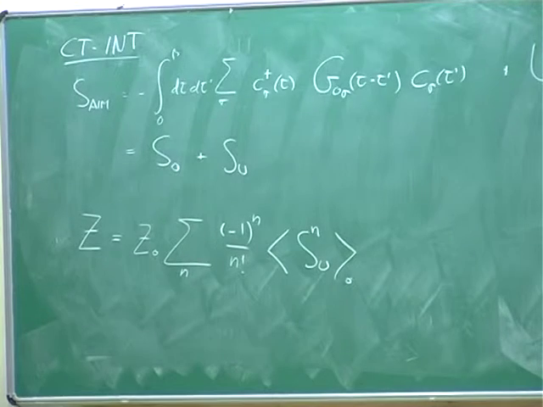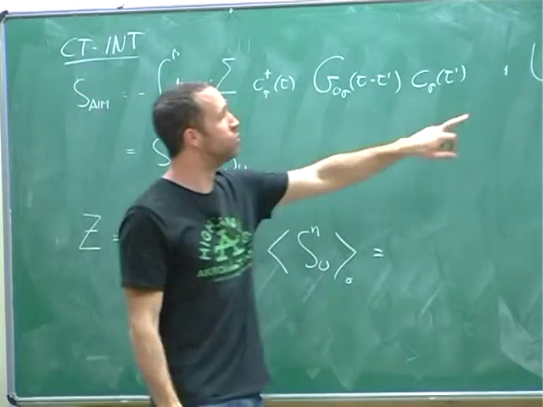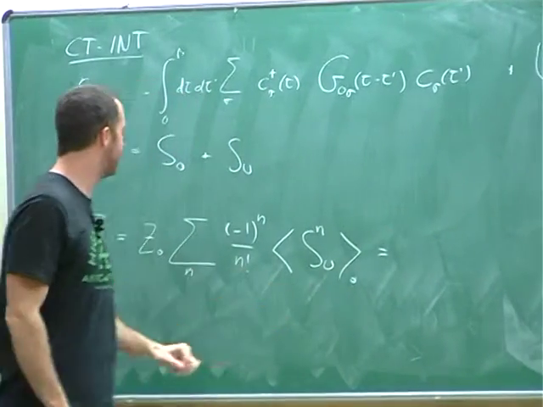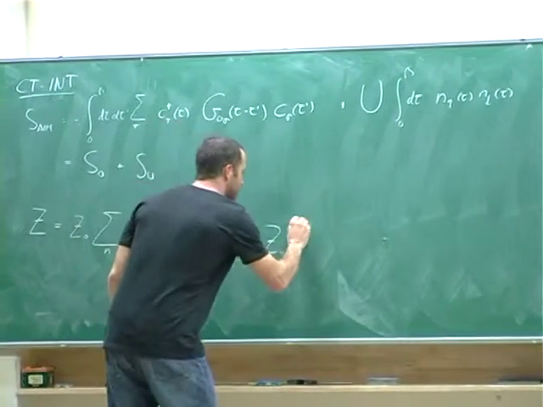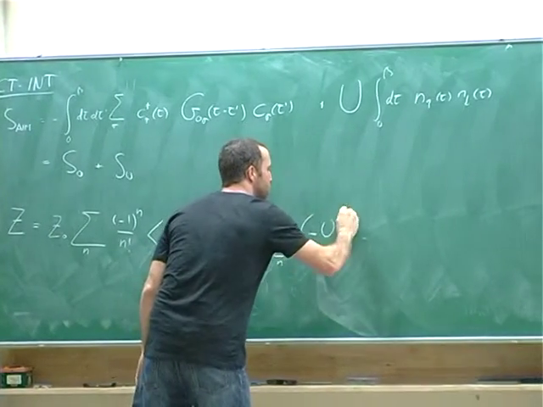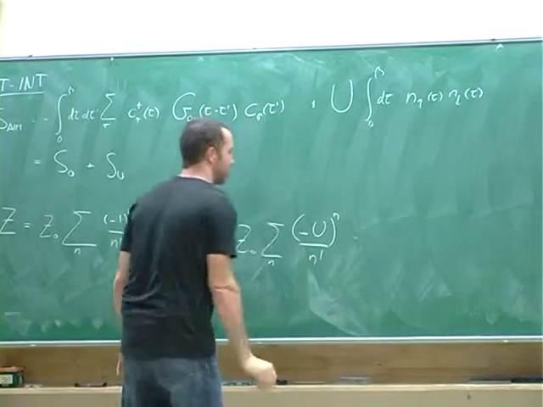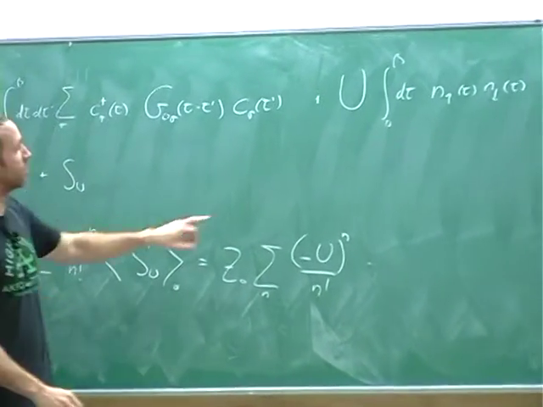I'll do one more step, and I'll show you a little problem that we have. What I have to do is take this SU and feed it in there. So what I get is Z0 times the sum of minus U to the power n over n factorial. This is the U that was here. And then I get all these integrals.